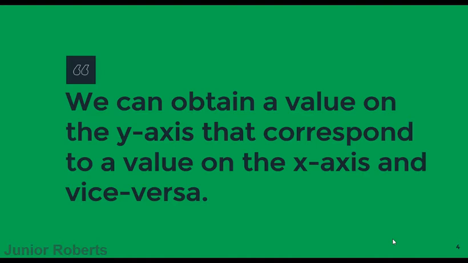We can also find a value on the x-axis that corresponds to a value on the y-axis. Whenever we do this, we call this process extrapolating. So we will extrapolate different values, and we're going to look at how exactly we go about doing this in this video.